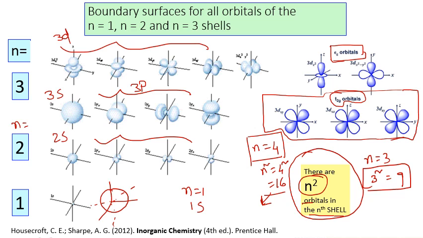One is in the positive direction, one in the negative direction, and along the xy plane, this part which is given in the circle, this is basically a radial node. Here, this is the torus of electron density.